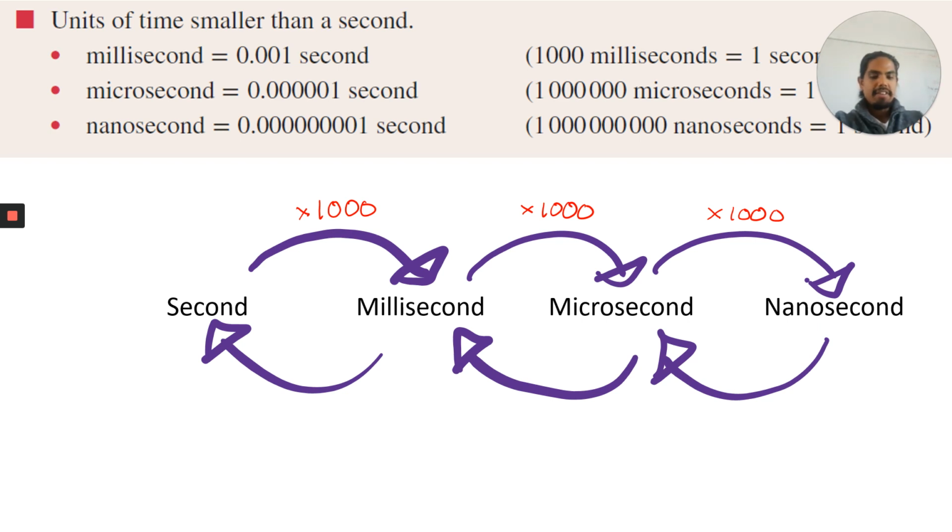So if you need to convert seconds to, for example, microseconds, we just multiply our number of seconds by 1,000 and by 1,000 again. Right?